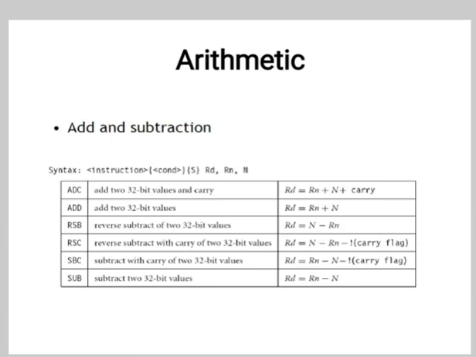SBC is subtract with carry of two 32-bit values, so it is Rn minus N minus carry flag. Here there is no reverse, it is only subtract with carry. SUB is subtract two 32-bit values, so Rd is equal to Rn minus N.